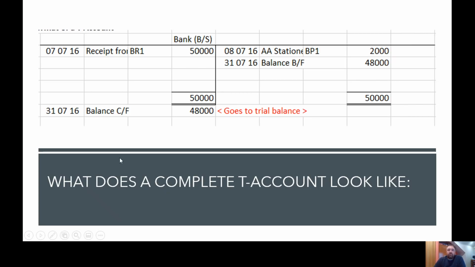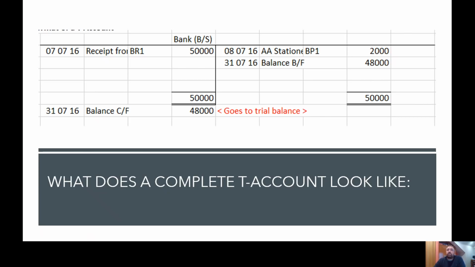Okay, then I just want to give you guys an example. What does a complete T account look like? Now, this is very important for purposes of the assignment. If you read through the assignment, they say there that as a minimum, you have to write the date, you have to write the name of the contra account as your description, and you have to write the correct amount in.